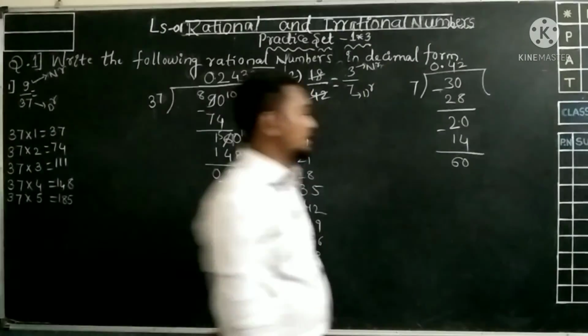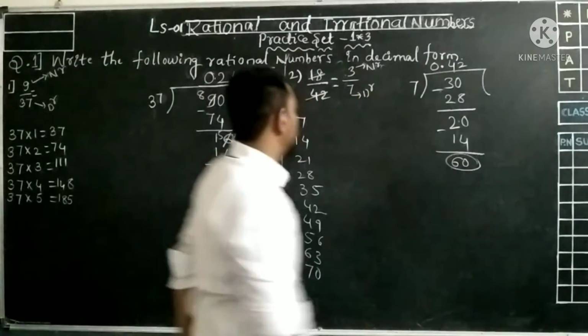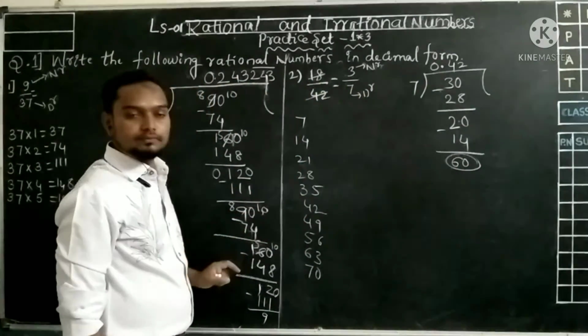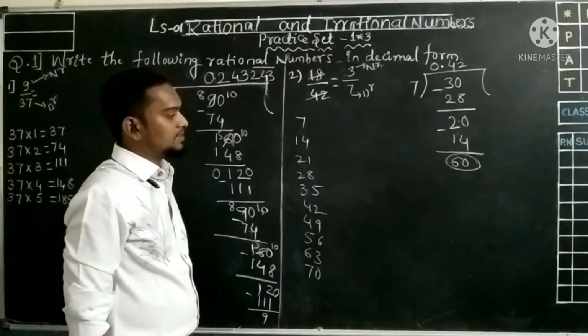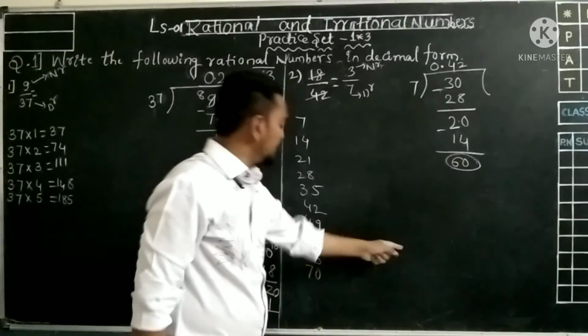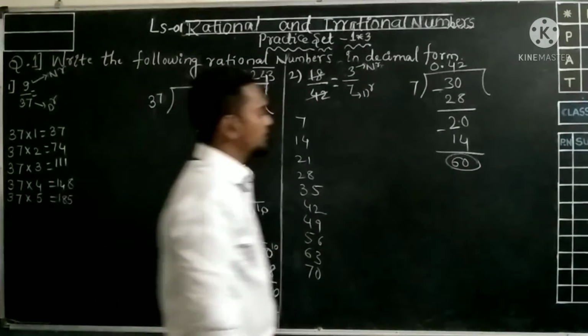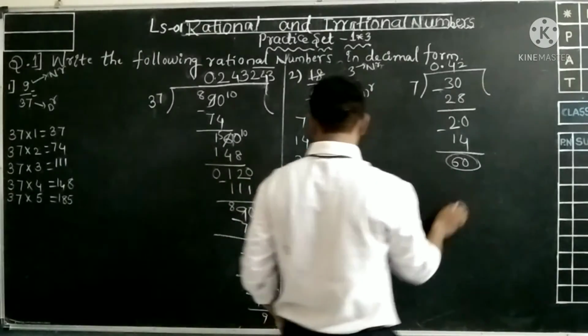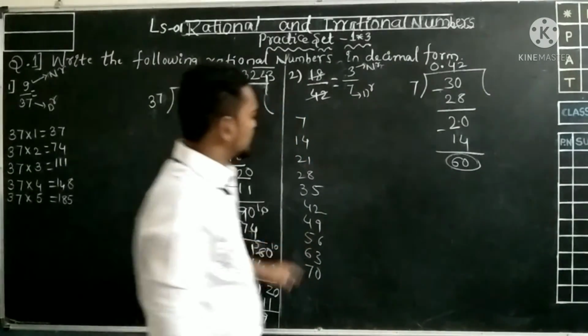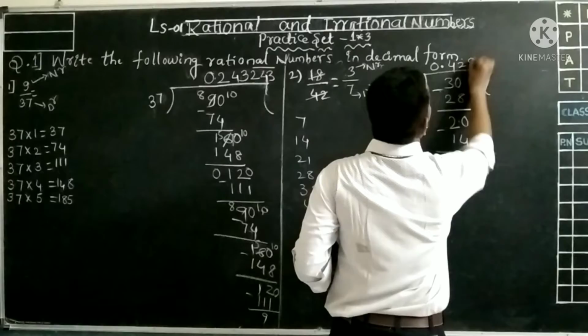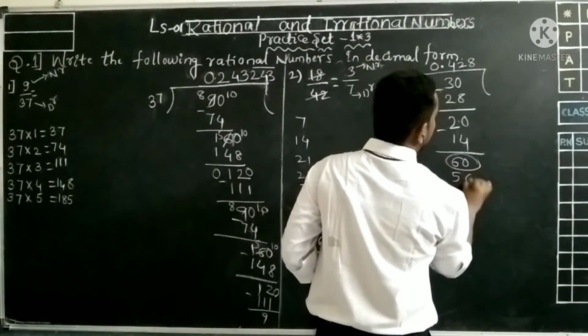Here 60 is not in the 7th table. The value less than 60 is 56. Therefore, 7 8s are 56.